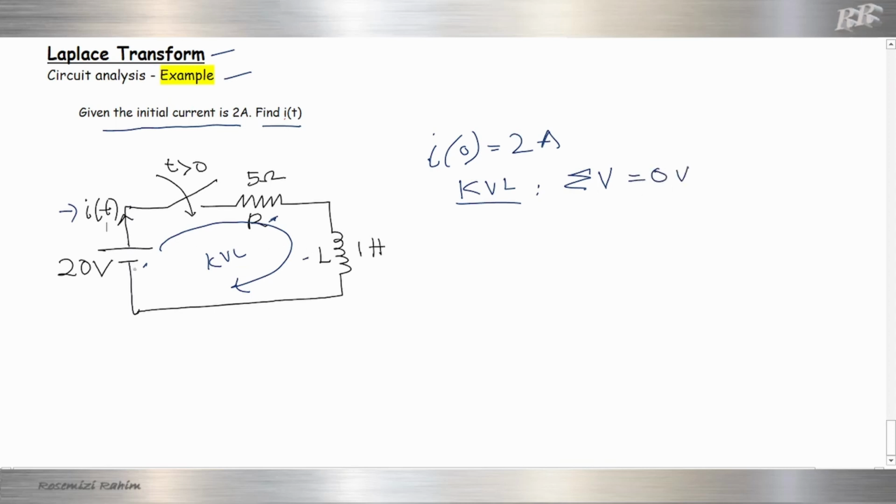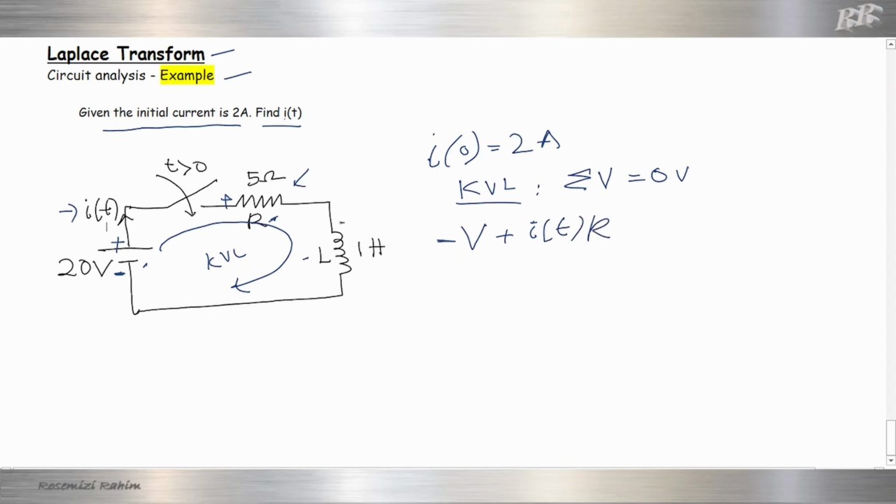So we start with the voltage source, minus 20 volt, that's minus V. Then plus the voltage drop at the resistor, which is equal to I times R.